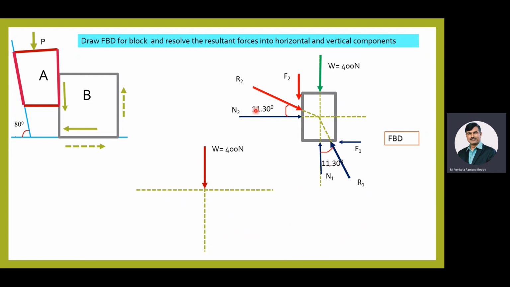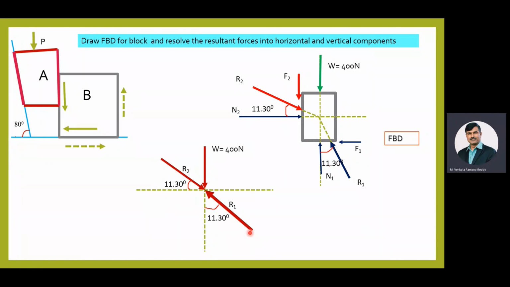R2 is making an angle 11.30 degrees with the horizontal. Then resolve the resultant forces R1 as well as R2 into their horizontal and vertical components.